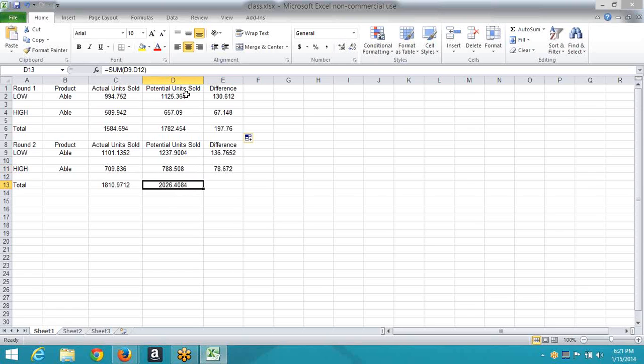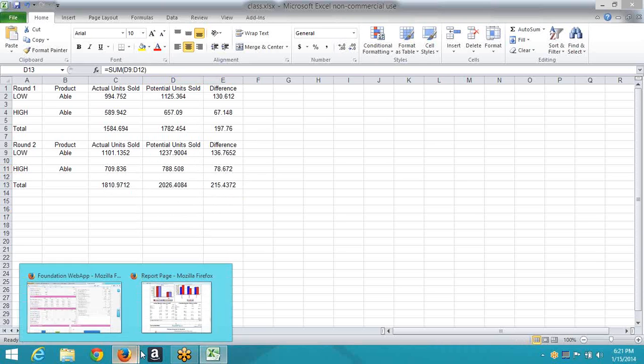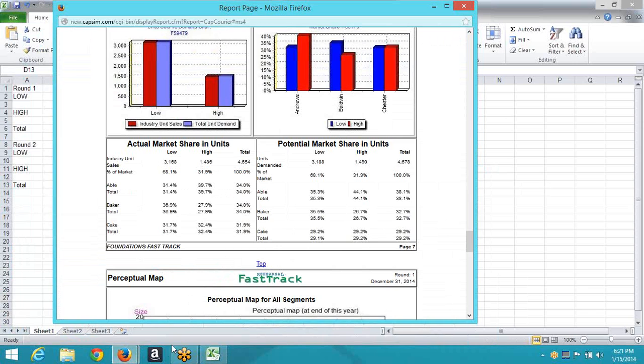And in total, the sum of all that, I got 2,026. So I could sell potentially 2,026 units. Although, actually, I may only sell 1,810. So I will probably sell somewhere in between there for the next round.